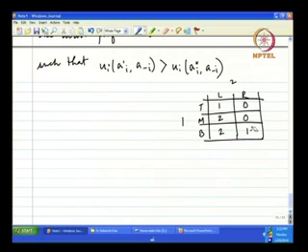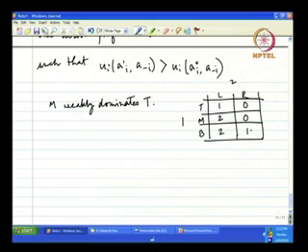Now, suppose I have to compare between T and M. Now, I can see that if player 2 plays R, player 1 is indifferent between T and M. However, if player 2 plays L, then M is better than T. So, here I have this satisfaction of weakly dominating and dominated actions, and I say that M weakly dominates T, because M is better than T if L is played.